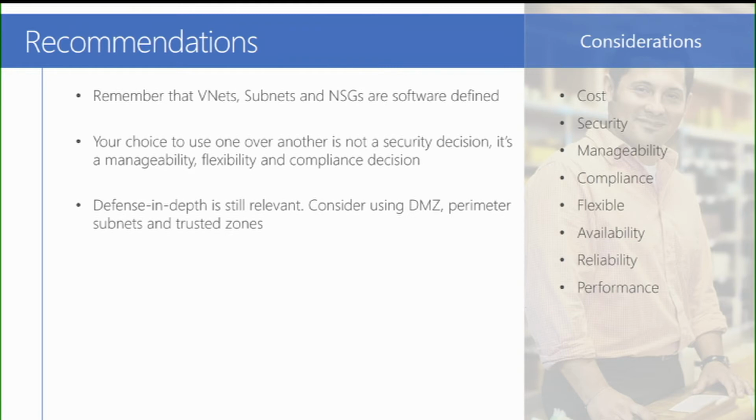Particularly with the network, there are a lot of opportunities for defense in depth. And so, we would strongly consider using things like network security groups, and then also using the guest OS firewall. Other areas can be using a DMZ model in Azure and having perimeter subnets and identifying trusted zones.